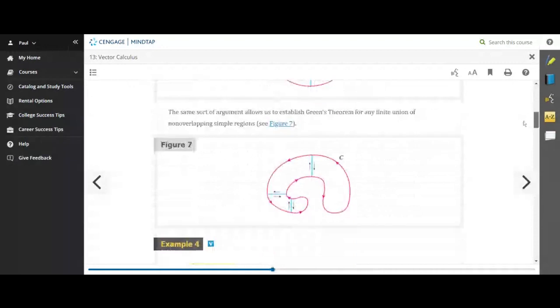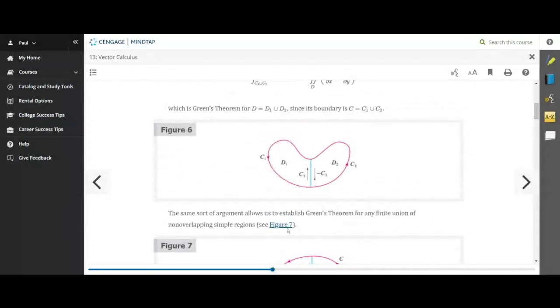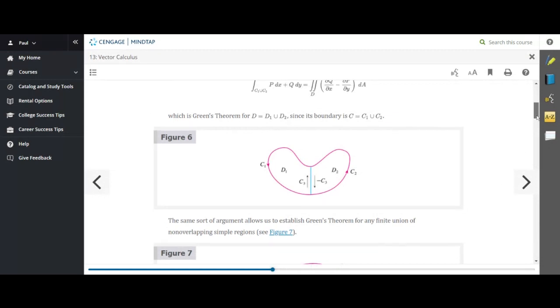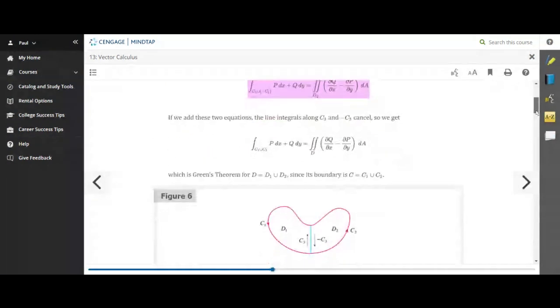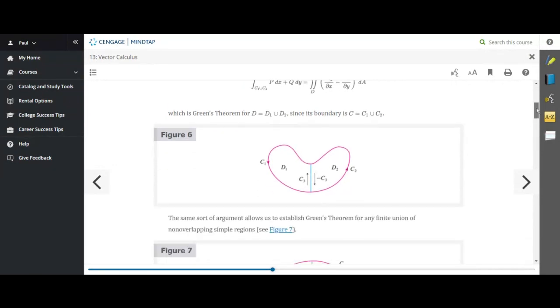Okay, they justify it with figure 6 and what we just talked about above. Again, this figure 6 here is not a simple. The region inside is not a.